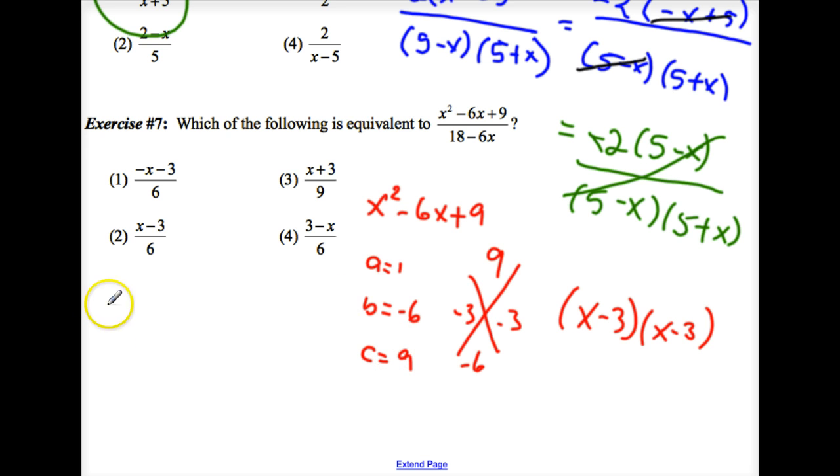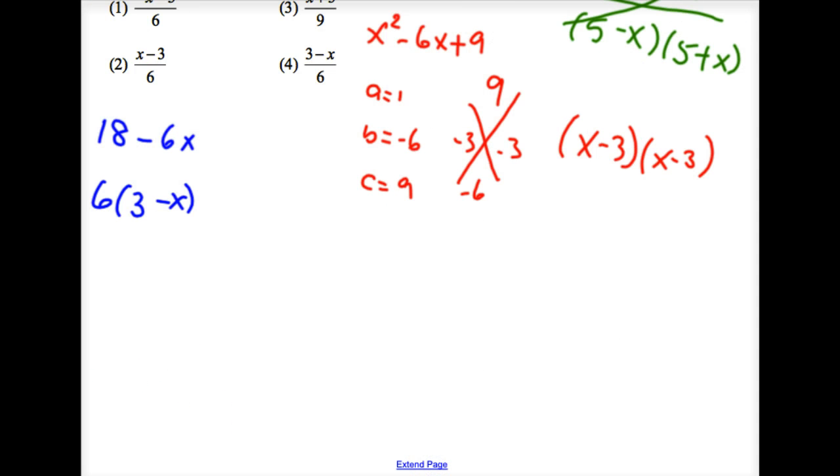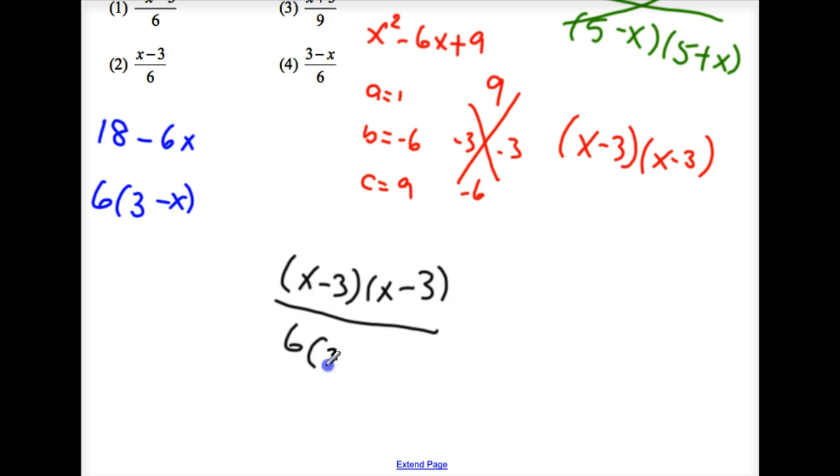What about the bottom? Break the bottom down. 18 minus 6x. They have a 6 in common, so it's 6 times (3 minus x). So here we go. The top is (x minus 3)(x minus 3) over 6 (3 minus x).